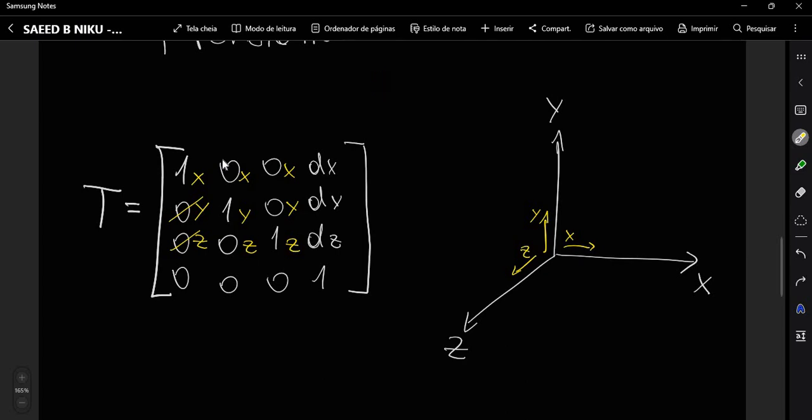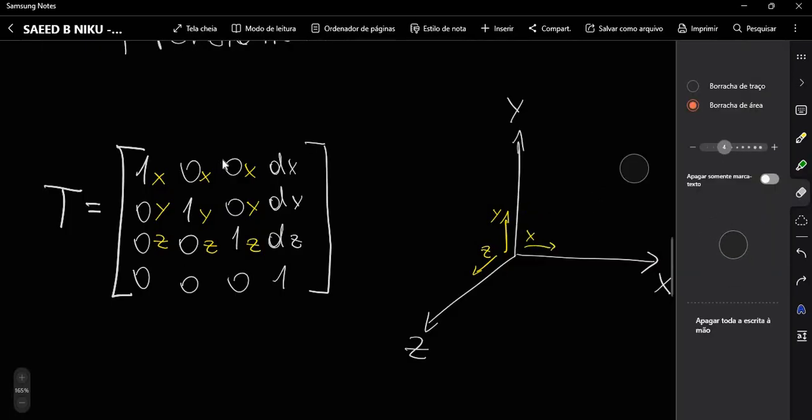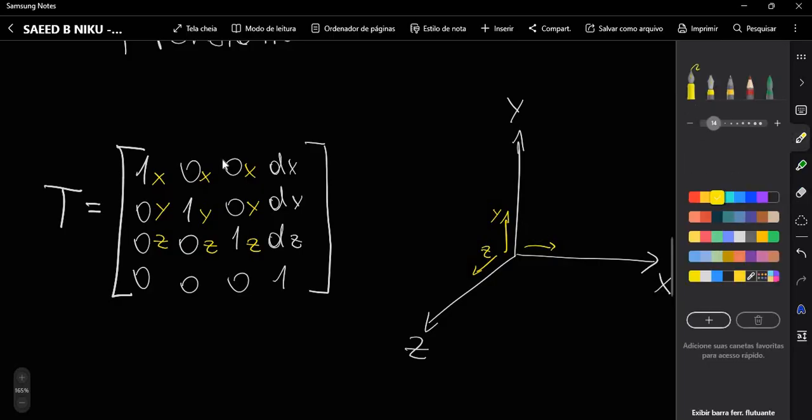If I change this for the other reference system, and it is a unit vector and only pointing in this direction, we only will have this value 1 and the other values will be 0.